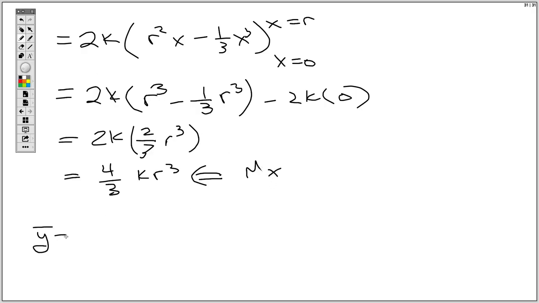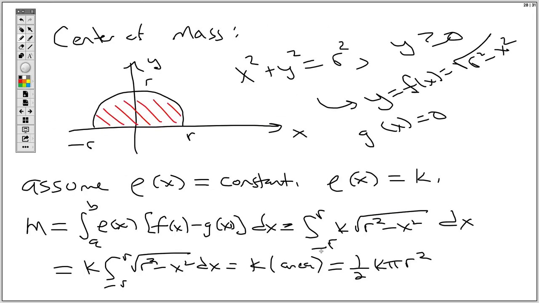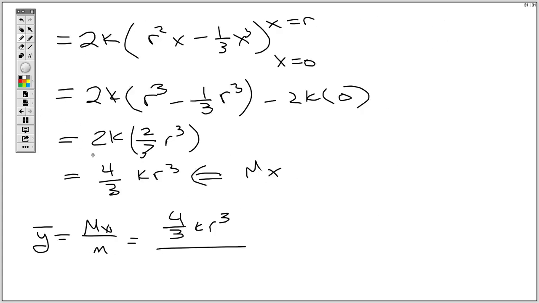So to get the y-coordinate of the center of mass, I take the moment about the x-axis and divide by the mass. I actually have something to divide here: 4/3 k r cubed divided by the mass, which was 1/2 k pi r squared. So we got some fraction gymnastics here. When you divide by the half, you're multiplying by 2, so that would be an 8/3.